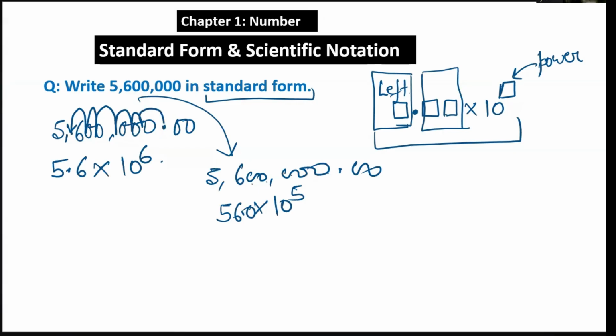Can we write that? Yes, we can. If the decimal moves in the left direction, the power will be added. So 5.6 into 10 to the power 6. I hope now you are clear.